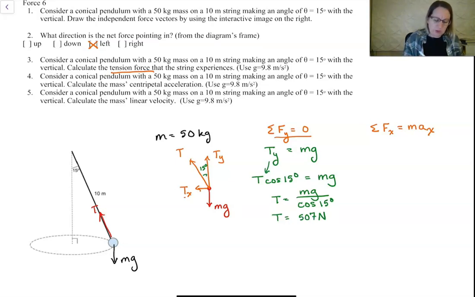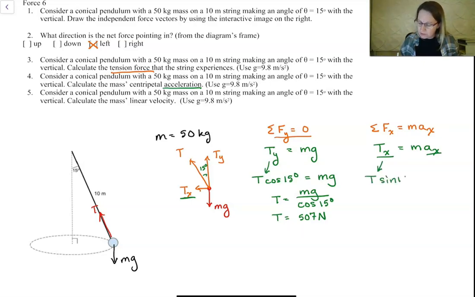So that's question number 3. Question number 4 says calculate the acceleration. To find the acceleration, we need the tension in the x direction, right? So tension in the x direction equals mass times the acceleration. Tx is tension sine of 15 degrees, because that's opposite the 15 degrees, and that is equal to mass times the acceleration.